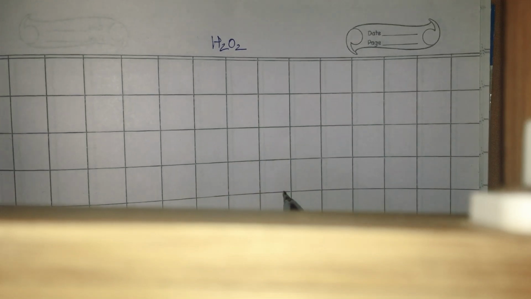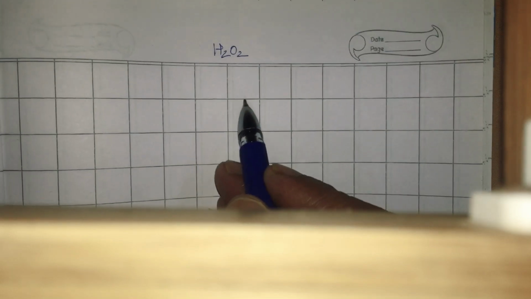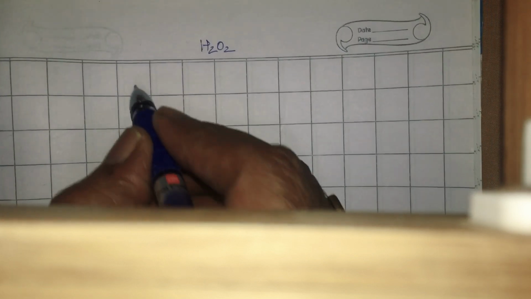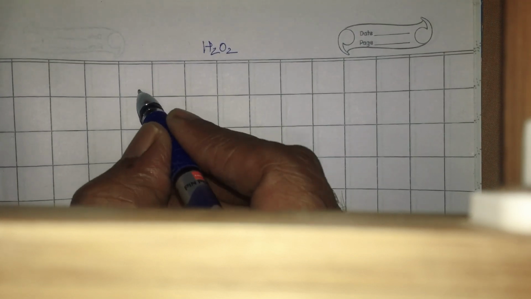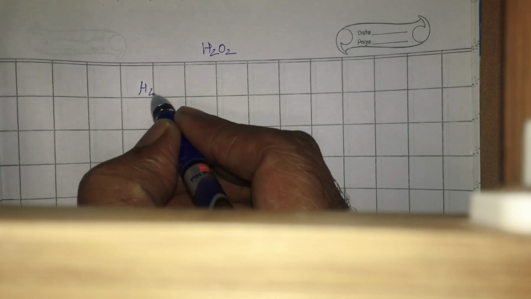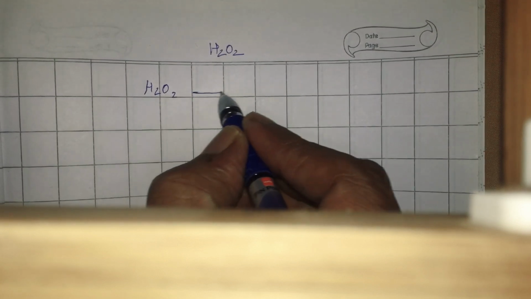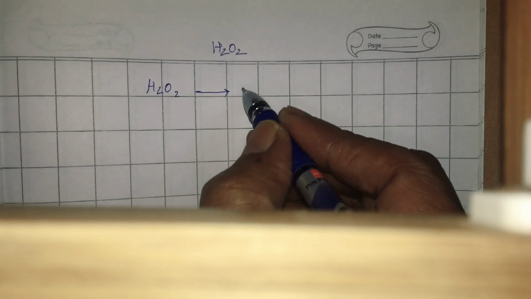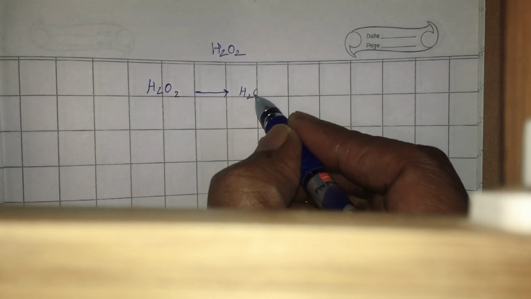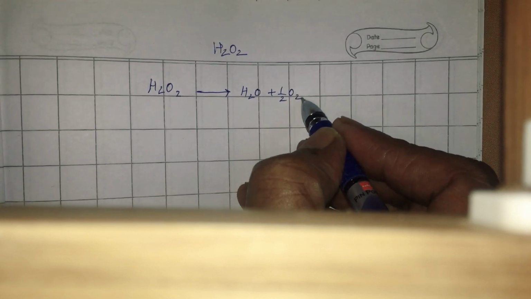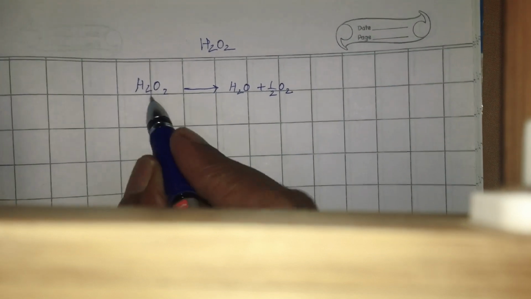How to express the concentration of H2O2 is an important concept, and that can be seen in simple terms. If you take H2O2 whose molecular weight is 34, that decomposes to give water and half mole of oxygen for every 1 mole of H2O2.